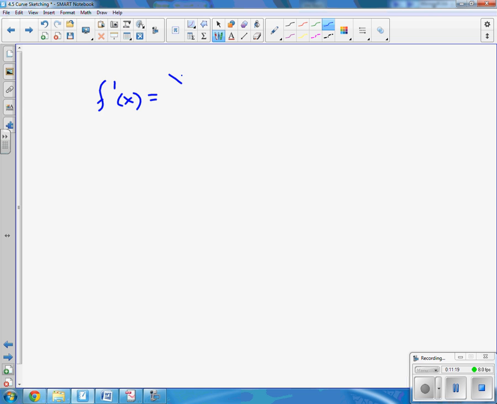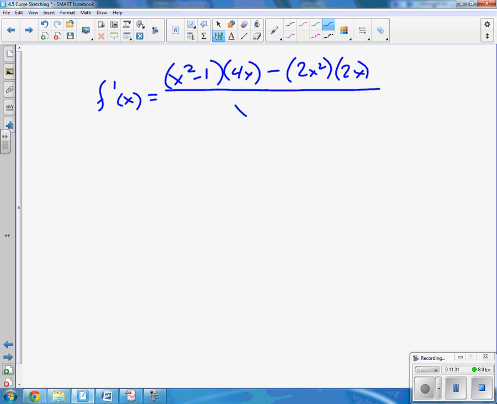I do the bottom function, x squared minus 1, times the derivative of the top, 4x, minus the top function, 2x squared, times the derivative of the bottom function, 2x, all over that bottom function squared. Okay, I can do a little bit of simplifying up here in the numerator.